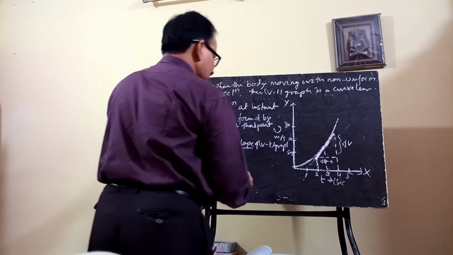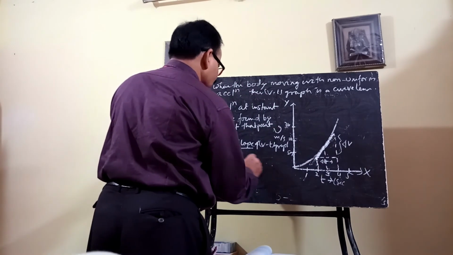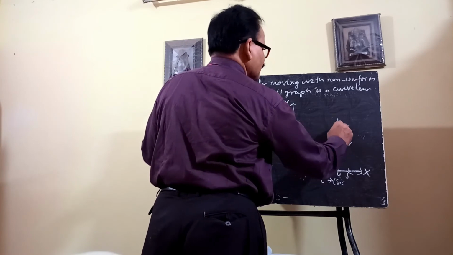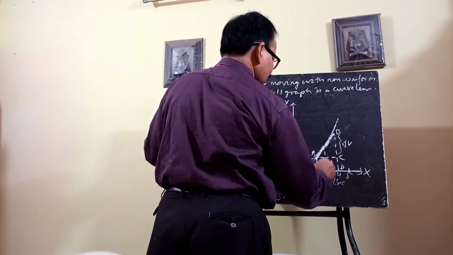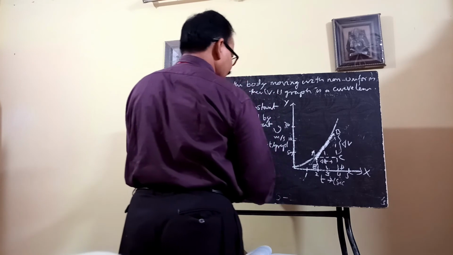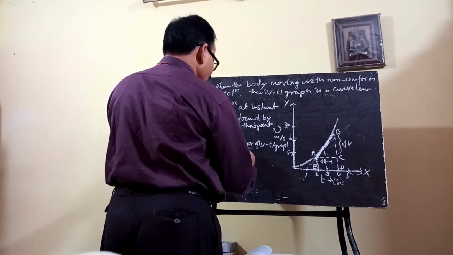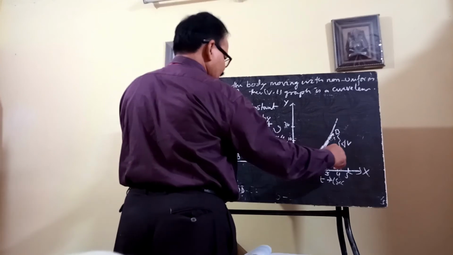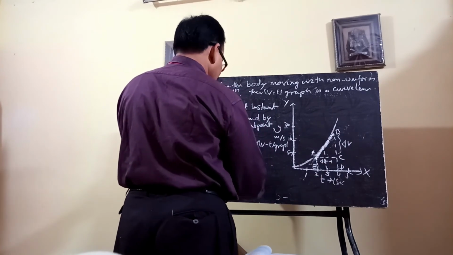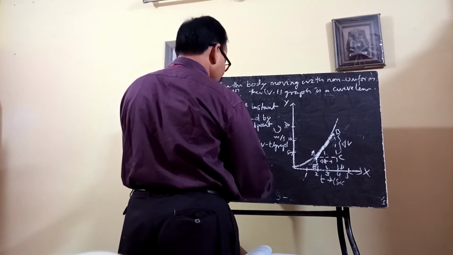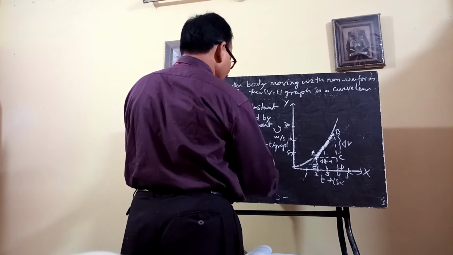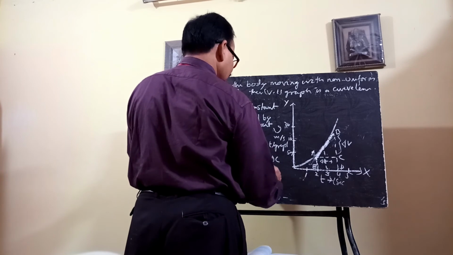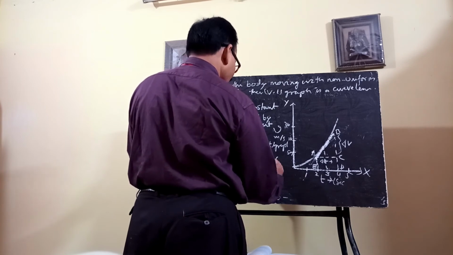Say this is point A, this is B, C, D and E. The slope is BC by AC. BC can be determined by BD minus DC, by AC, which is ED.